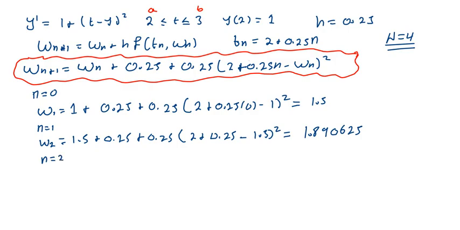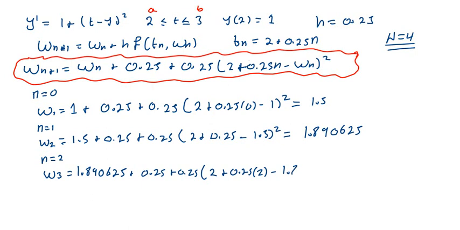Remember we're going up to n equals 3. Now n equals 2 will give us w3. Here once again you're going to say w2 because your n is 2 now. What is your w2? We have already calculated it: 1.89065, plus 0.25 plus 0.25, then here we have 2 plus 0.25 multiplied by 2 because your n is 2, minus 1.89065 squared.